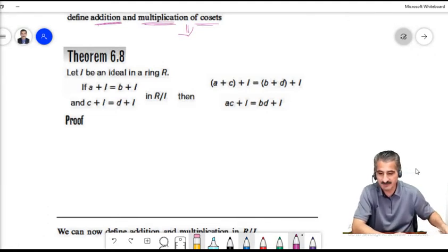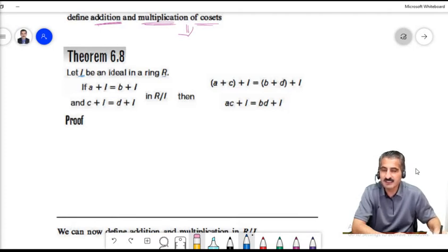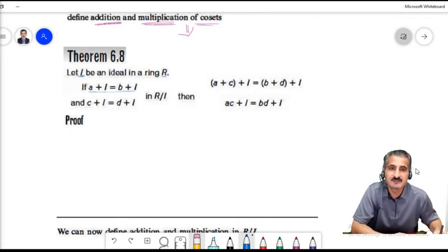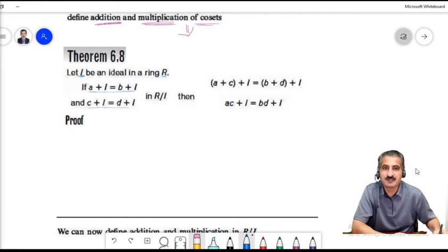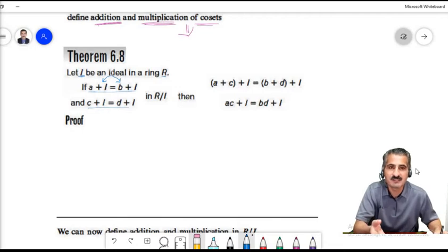So what does that mean? Let's see. Choose an ideal I in R. If a plus I equals b plus I, that means a and b give the same coset of I, that is, a and b are congruent modulo I. And also c and d are congruent modulo I. Essentially we have the same coset, but one time it is represented by a and another time by b.